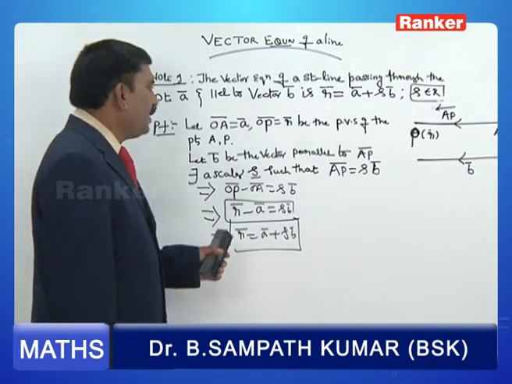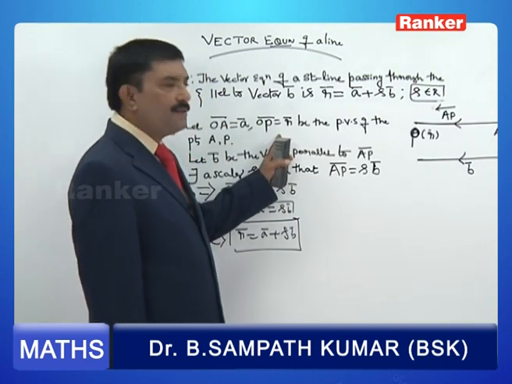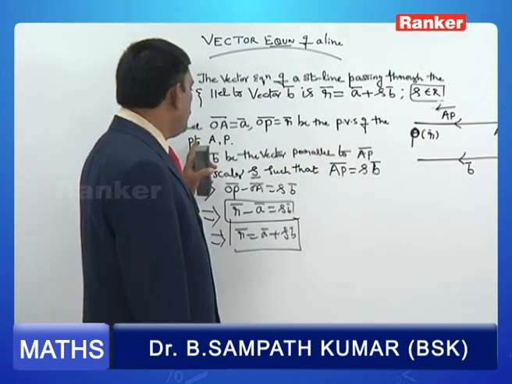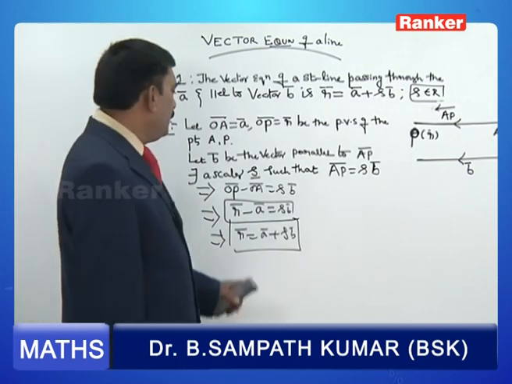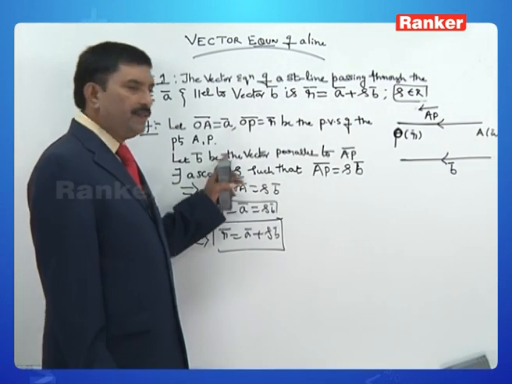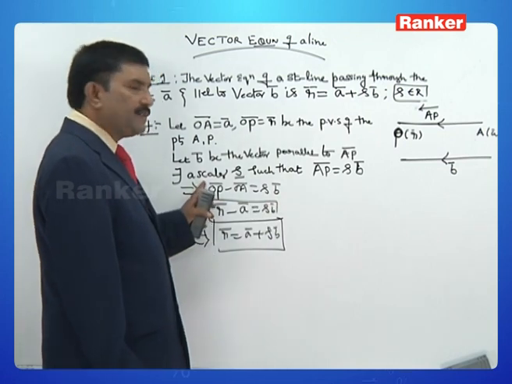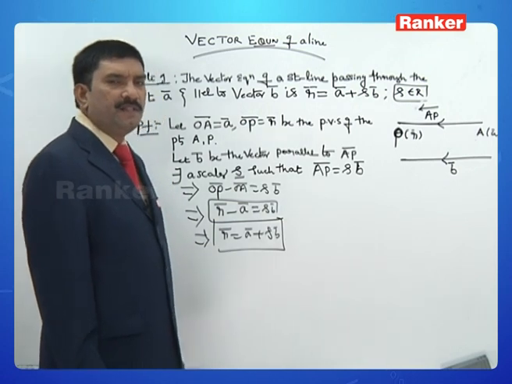So once again, let OA bar is equal to A bar, OP bar is equal to R bar be the position vectors of the points A, P respectively. Now let B bar be the vector parallel to AP bar. There exists scalar S such that AP bar is equal to S into B bar.